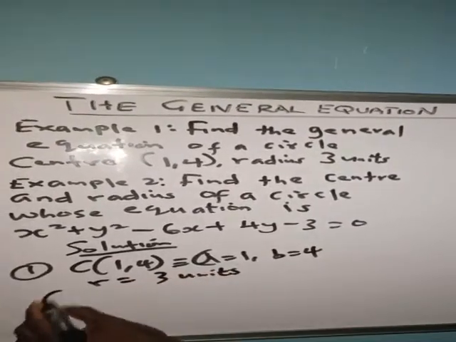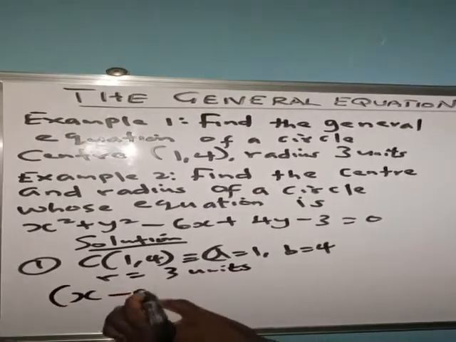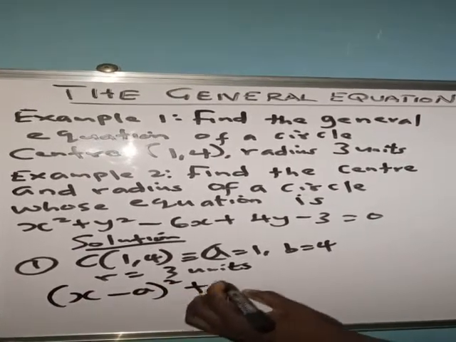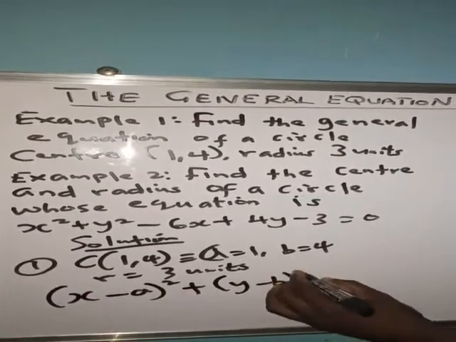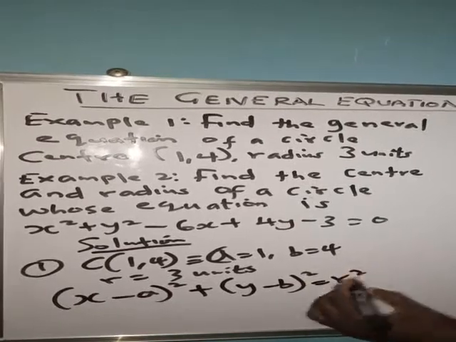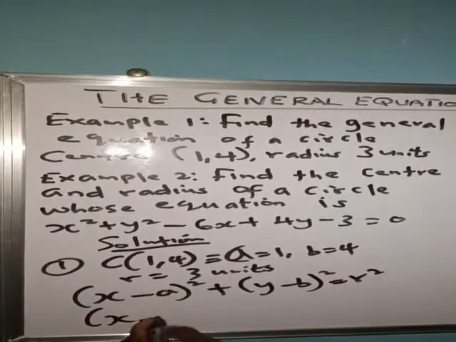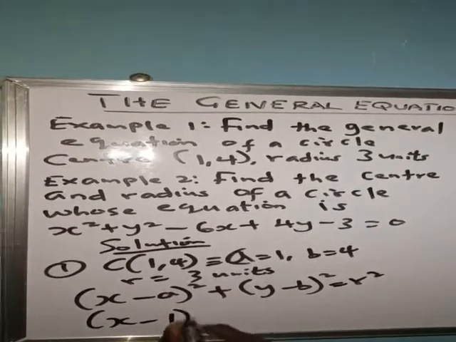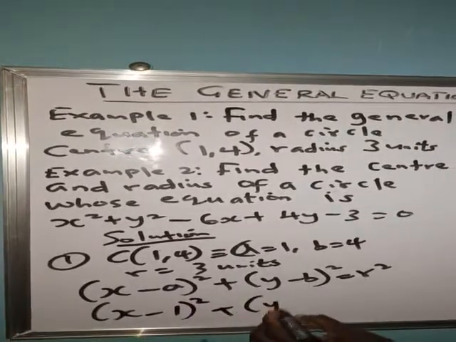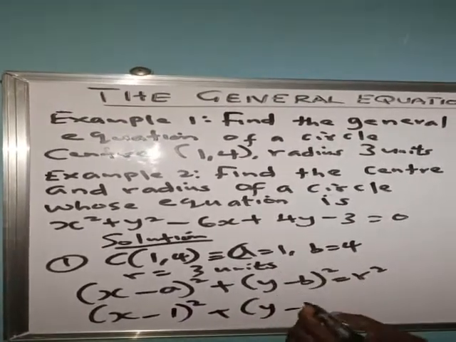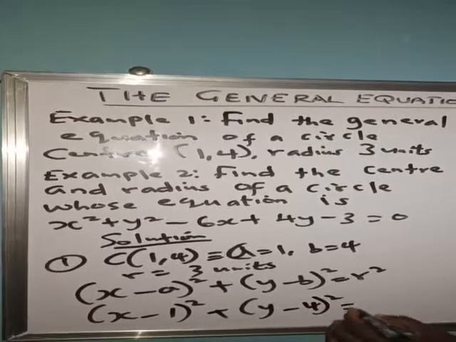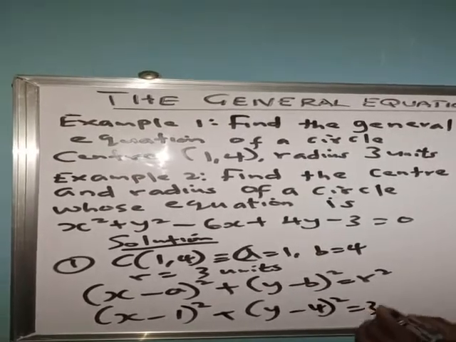So recall that the equation of a circle is (x - a)² + (y - b)² = r². So we have (x - 1)² + (y - 4)² = 3².